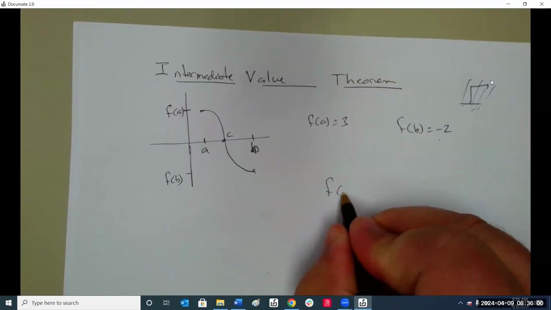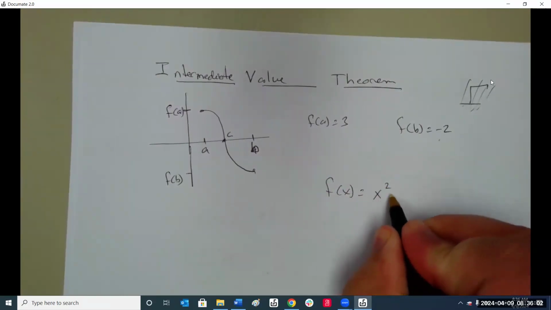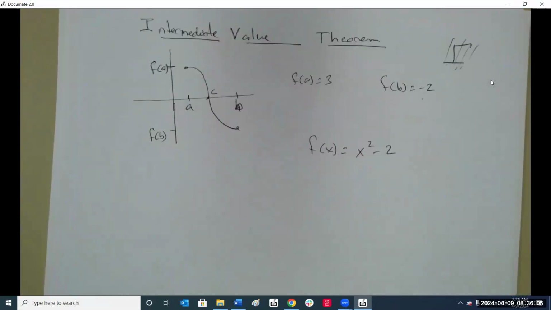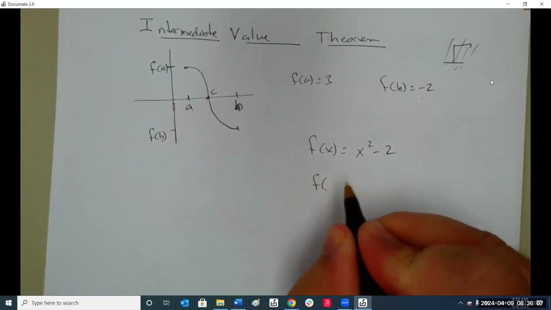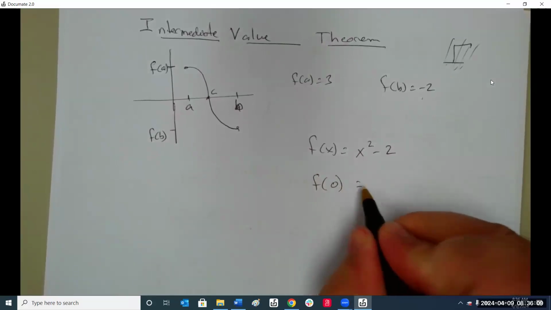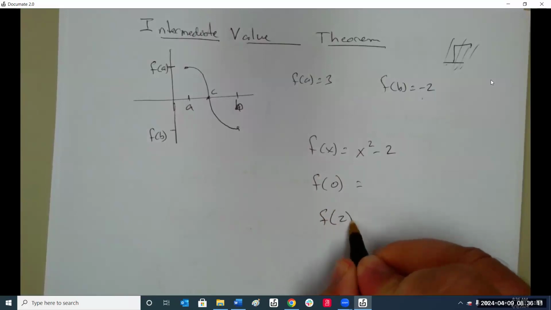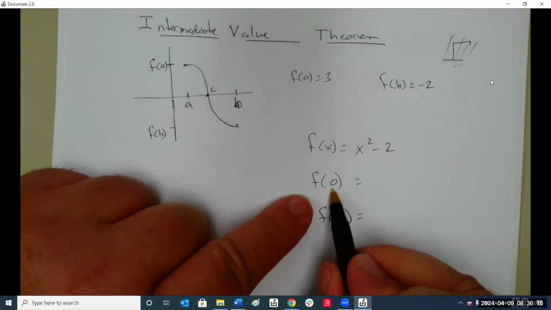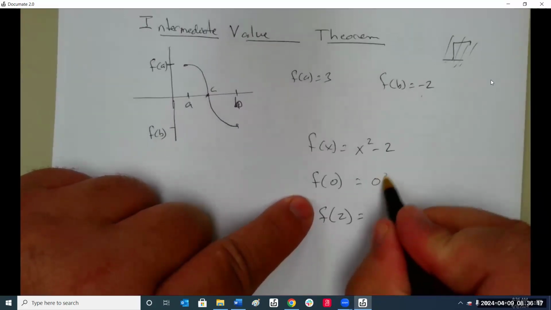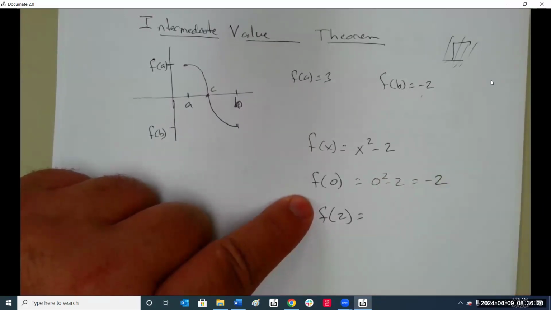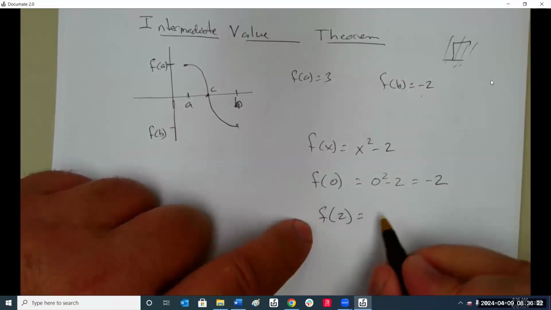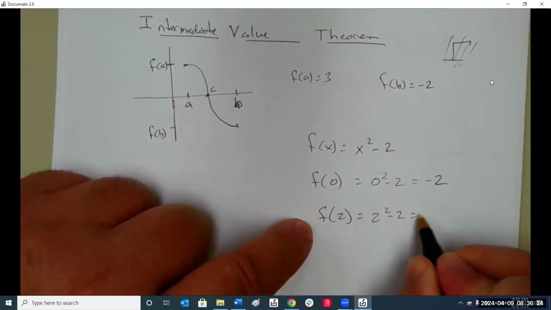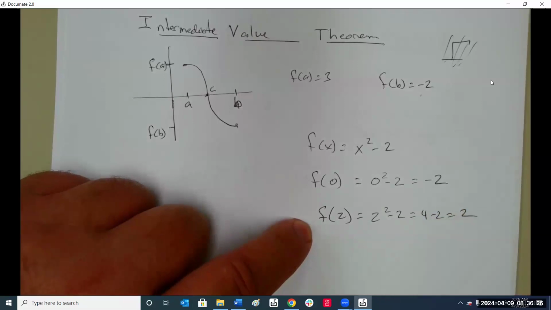So remember, we had our f of x equals x squared minus 2. Let's try at 0 and at 2. If x is 0, we get 0 squared minus 2, which is -2. If x is 2, we get 2 squared minus 2, which is 4 minus 2, which is +2.